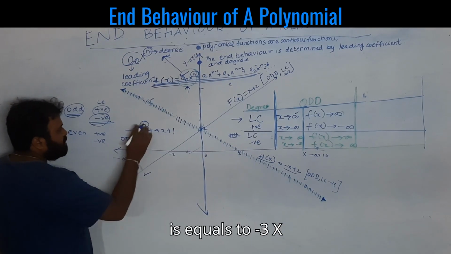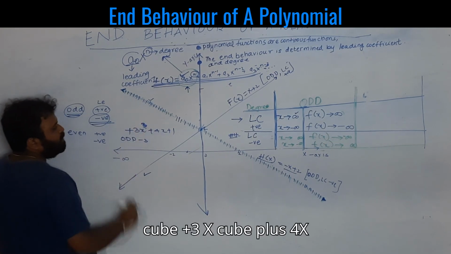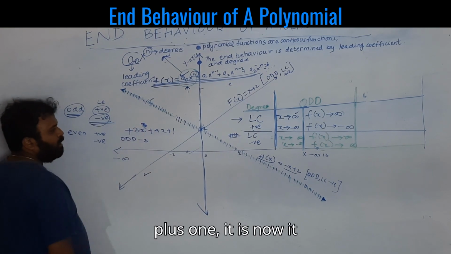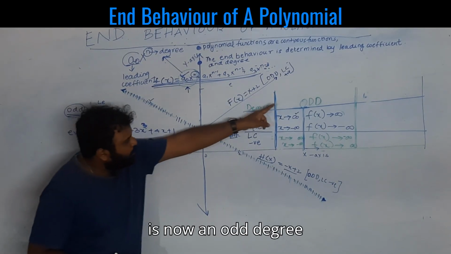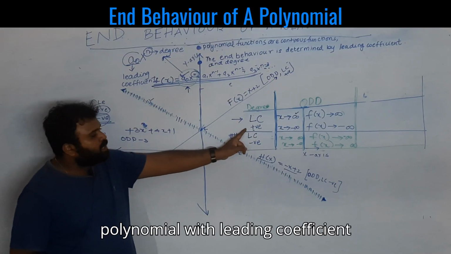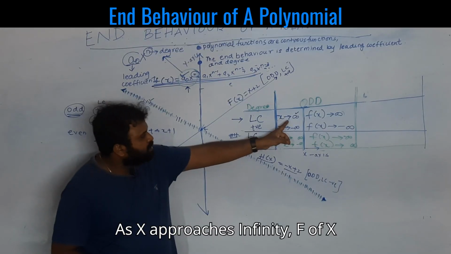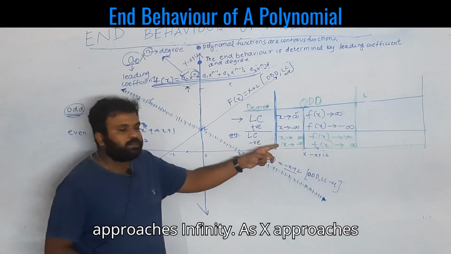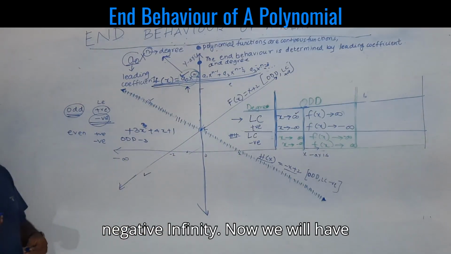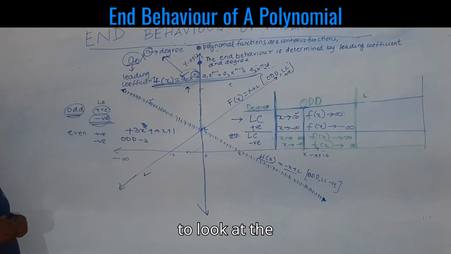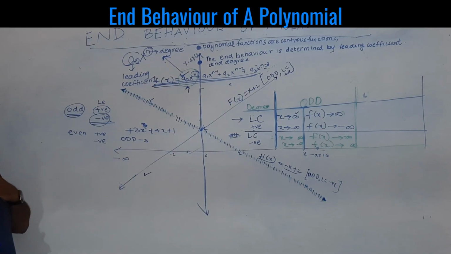Whereas if I take f of x equals positive 3x cube plus 4x plus 1, it is an odd degree polynomial with positive leading coefficient. So as x approaches infinity, f of x approaches infinity, and as x approaches negative infinity, f of x approaches negative infinity. Now we will look at the even degree polynomials.